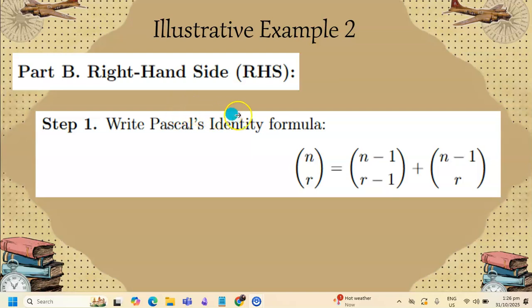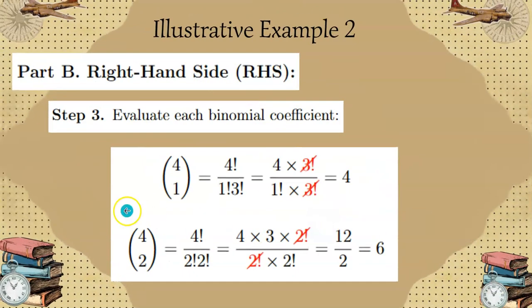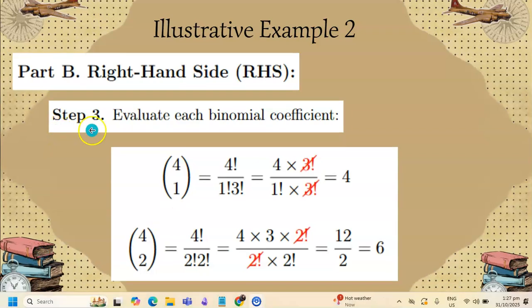Now for the right-hand side, first we write the Pascal's identity formula. And then we substitute, so we have 5 choose 2 is equal to 4 choose 1 plus 4 choose 2. So we're going to compute 4 choose 1 plus 4 choose 2. Step number 3, evaluate each binomial coefficient. So 4 choose 1 and 4 choose 2.